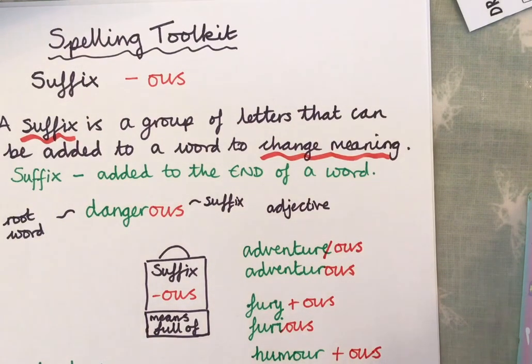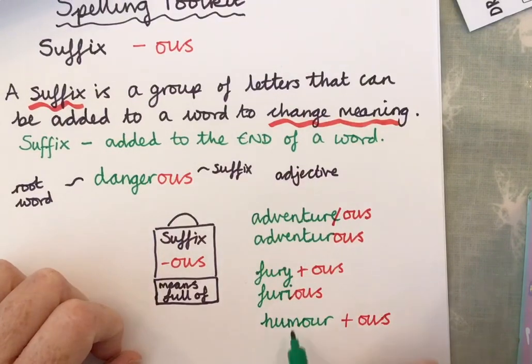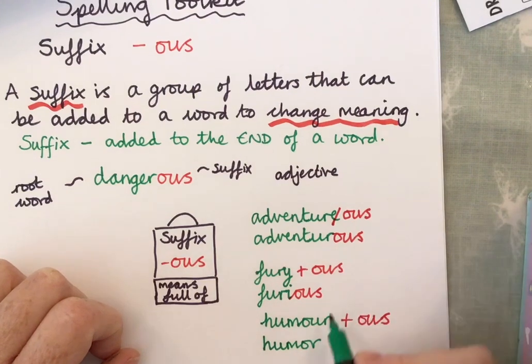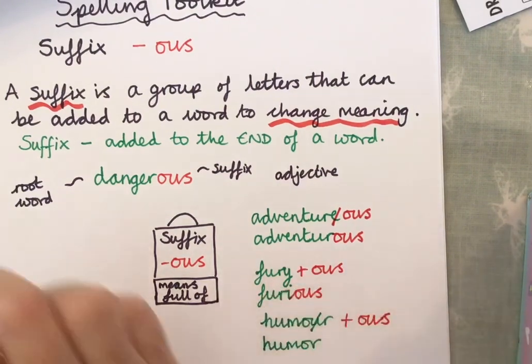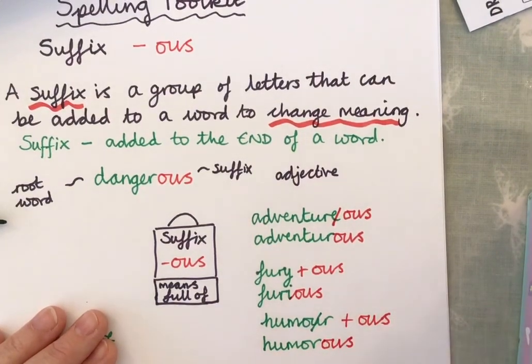What I need to do is change the O-U-R on the end of humour to O-R. So I'm getting rid of that U and adding O-U-S to make humorous.